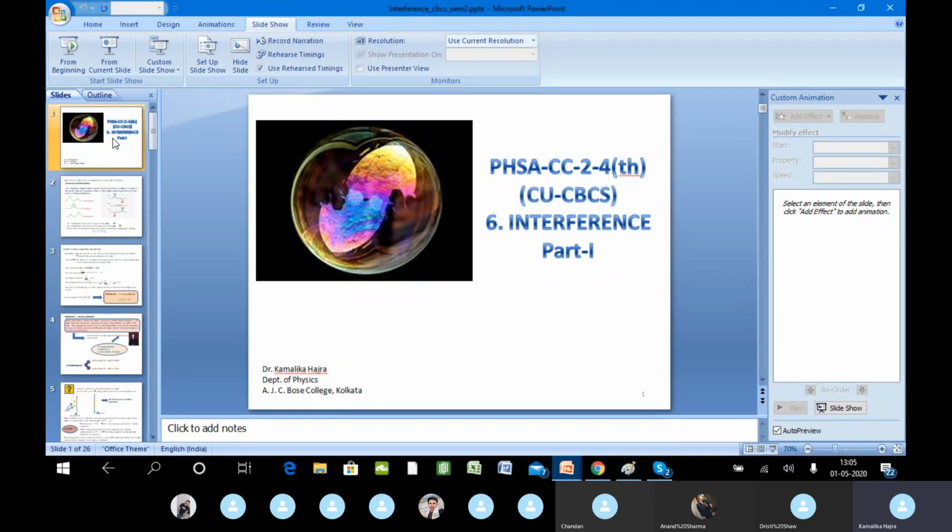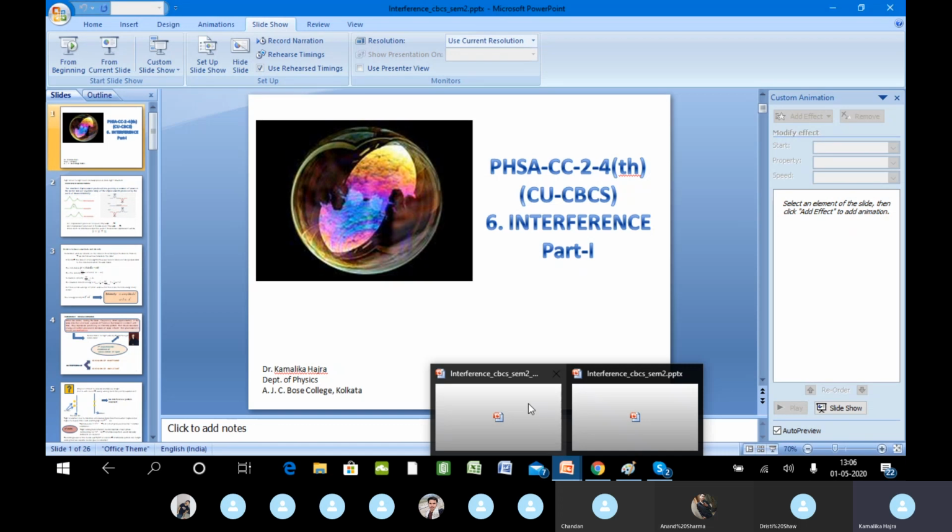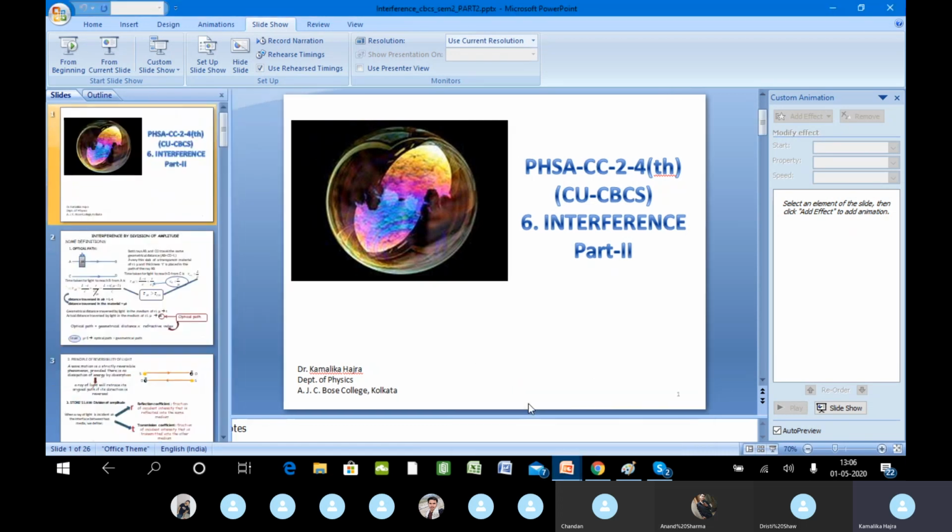We got a relation between intensity and amplitude, and finally we could analyze how, when a single wavefront is divided into two wavefronts by Huygens principle, how they interfere and what the mathematical expression of the fringe width would be, what the conditions of maximum and minimum are, etc. All right. So now we will move on to the next part of the syllabus.